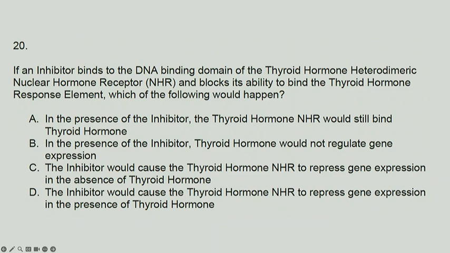And the inhibitor would cause the thyroid hormone NHR to repress gene expression in the presence of thyroid hormone. No, not that either. Yeah, sorry, I'm getting a little rundown. I'm pretty sure this one is all four, unless I've mixed something up. Okay, right. So A and B I already talked about. Because the NHR cannot bind the DNA, then it cannot modulate the expression.